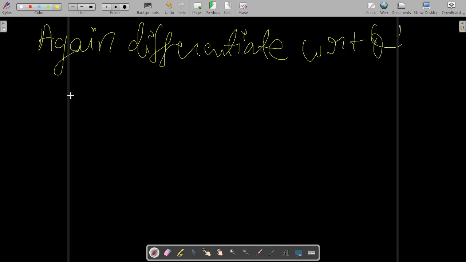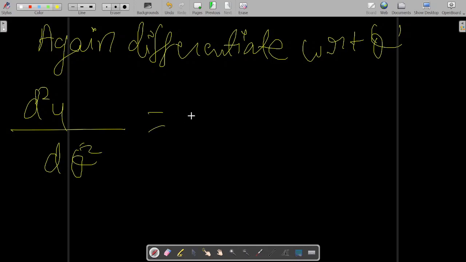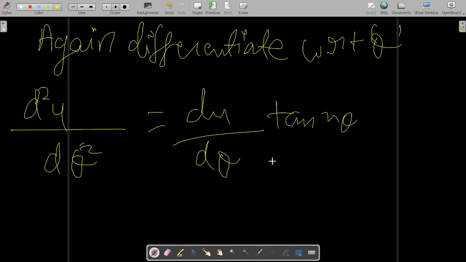What do you get? d2u by d theta 2 is equal to du by d theta tan n theta plus u sec square n theta into n.